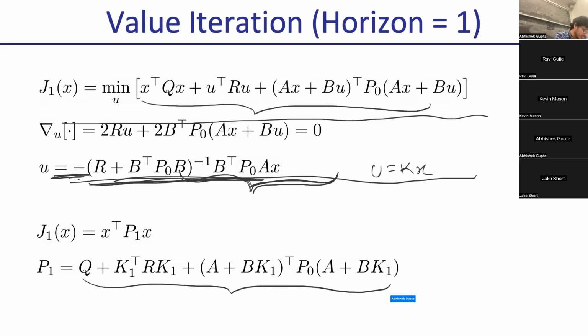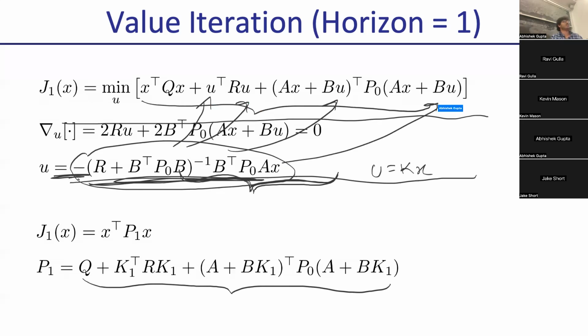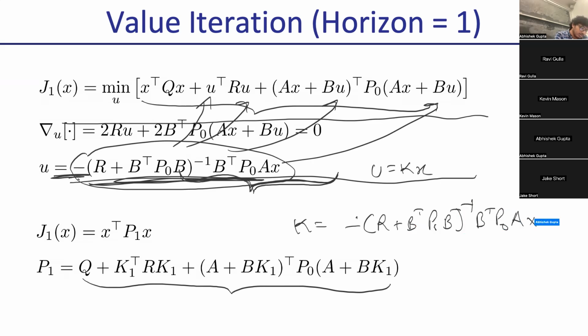You can almost just think of it as: take this thing and substitute it in here and here and here. So under the definition of K, which is minus R plus B transpose P0 B inverse, B transpose P0 A X, or sorry, no, that's the definition of K.